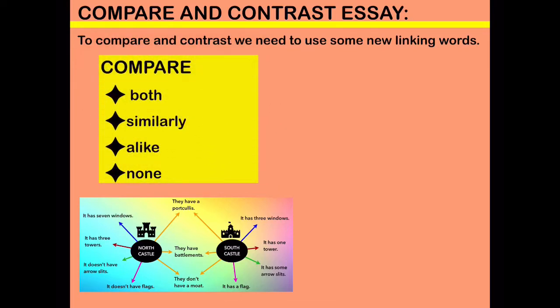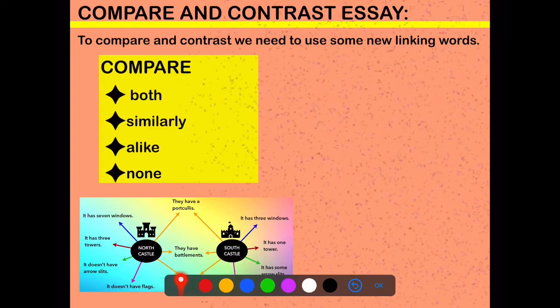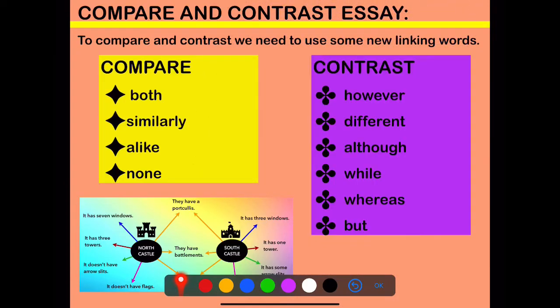So we need some compare linking words, which are both, similarly, alike, and none. But we also have some linking words used to contrast, which are however, different, although, while, whereas, and but.